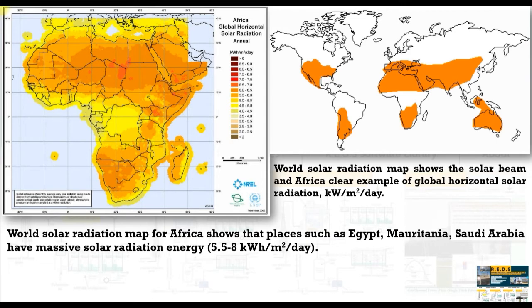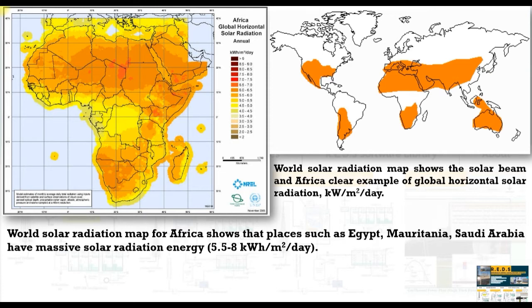The world solar radiation map shows the solar beam, especially in Africa, a clear example of global horizontal solar radiation on horizontal surfaces in kilowatt-hours per square meter per day.